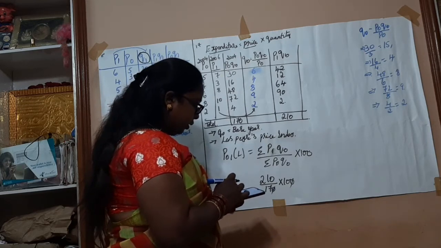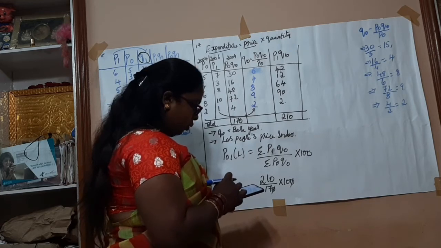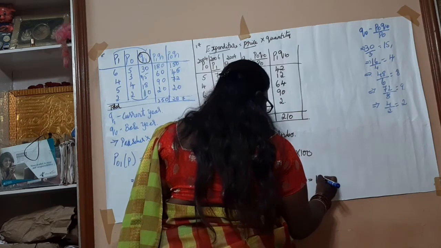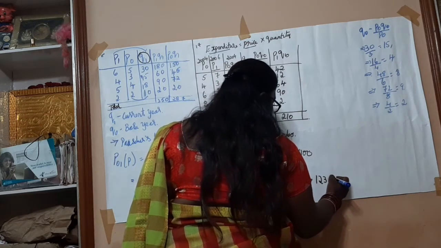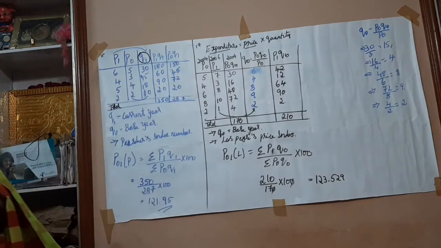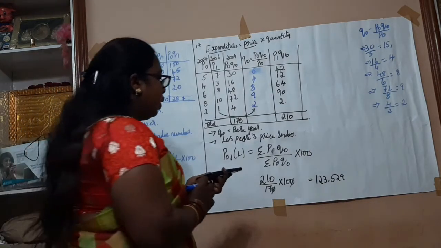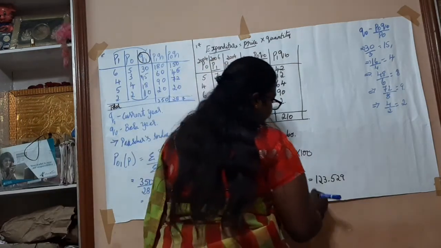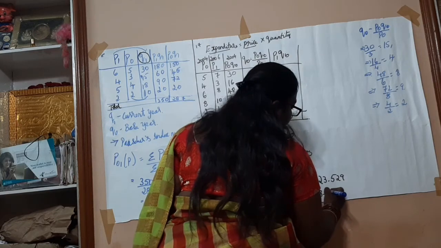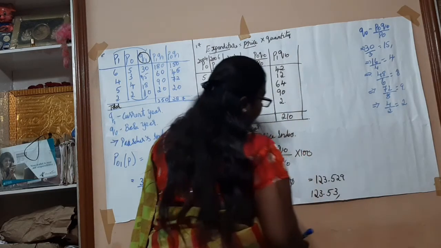Divided by 170 into 100, you will get 123.529. You people will round it off to 123.53.